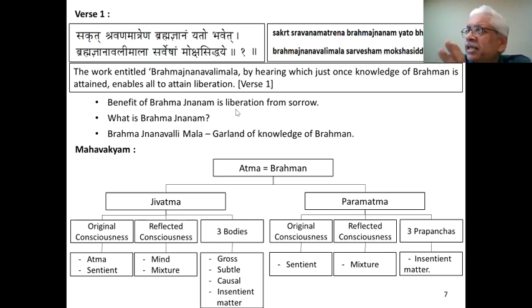In the scriptures, they say that even the whole world is considered as a Purusha. Purusha means supreme being. We are all small individuals, but there is a Purusha which is a totality.